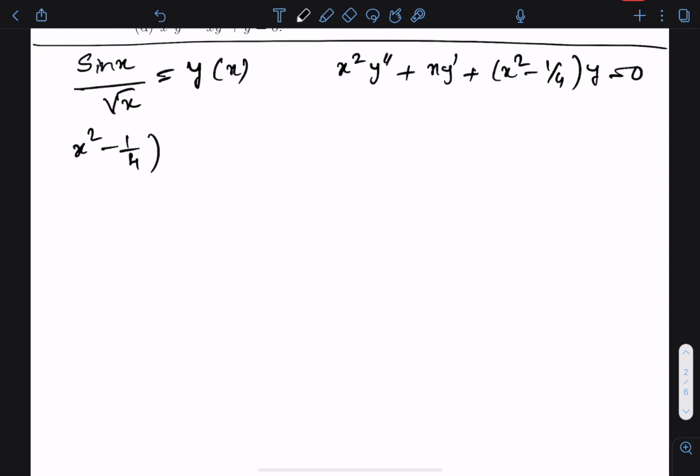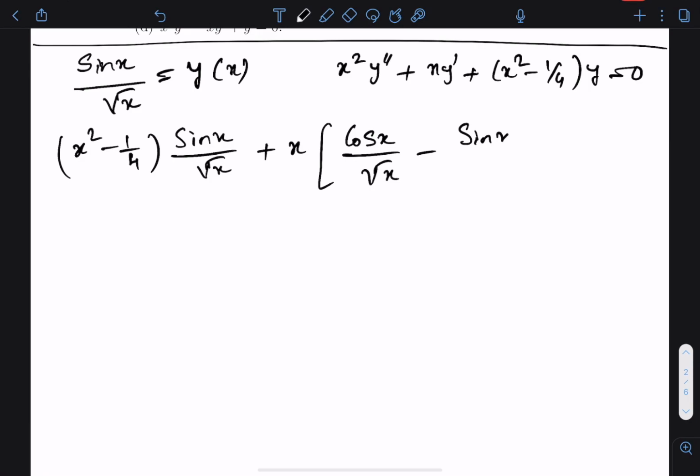So we have x squared minus 1/4, times sine x by root x, then plus x times y prime. And y prime is precisely cos x over root x minus sine x over 2 x to the 3/2. That's your x y prime.